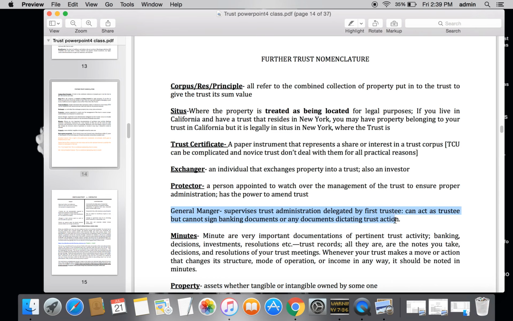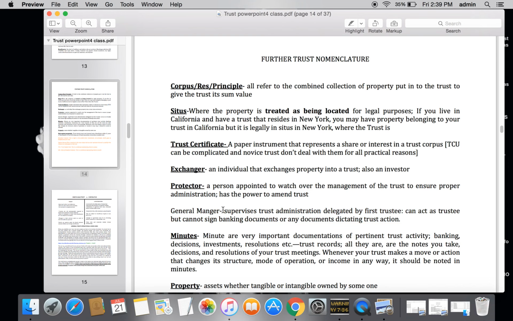General manager. A general manager is basically what it says, a manager that supervises trust administration delegated by the first trustee. Now, if the grantor chooses to be the general manager, which he can be, then of course he need not have the delegation of the first trustee. Now, the general manager can act as a trustee but cannot sign banking documents or any documents dictating trust action.